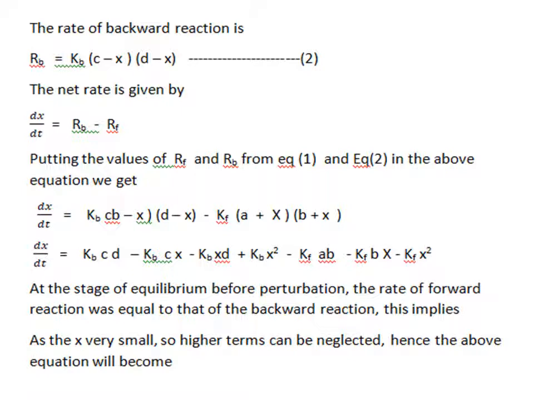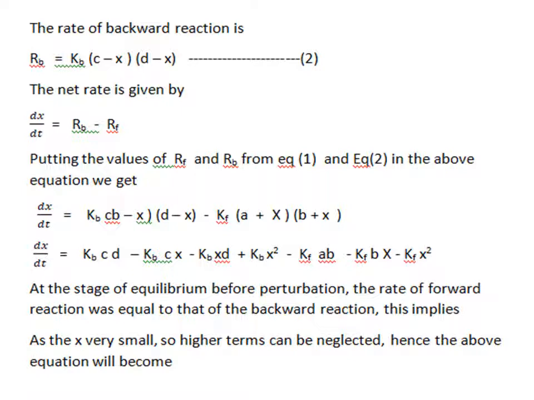Putting the value of RB and RF from equation 1 and 2 in the above equation, we will get dx over dt equal to kb into c minus x into d minus x minus kf into a plus x into b plus x. There was a typographic mistake earlier; B is written, this is omitted.